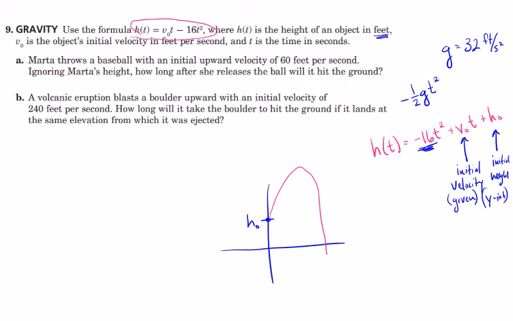If we're talking about meters per second squared, which we're not in this example, then it's 9.8 meters per second squared, which you may be familiar with too. So if we're talking in meters, you'll see -4.9 t squared. When we're dealing with feet, you'll see -16 there. When we're dealing with meters, you'll see -4.9 there. So anyway, that's our formula.